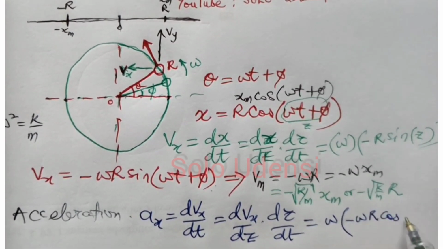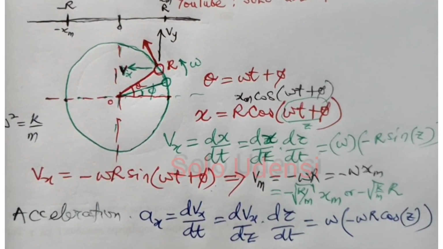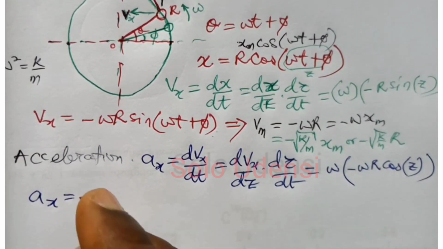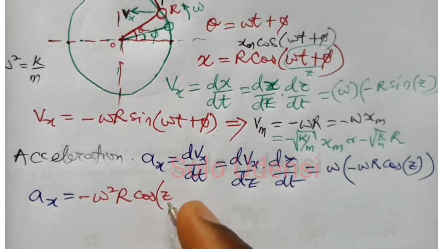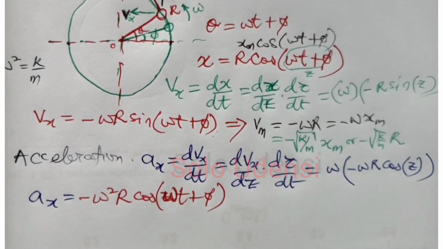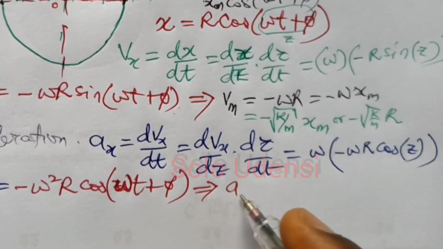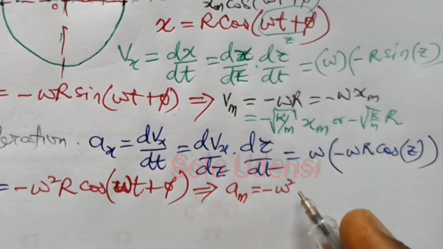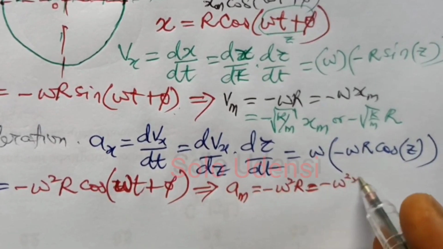If you differentiate sine, you get cos z. So we will now have that ax is equal to minus omega squared r cos(omega t plus phi). So this implies that our maximum acceleration is equal to minus omega squared r, or minus omega squared xm.